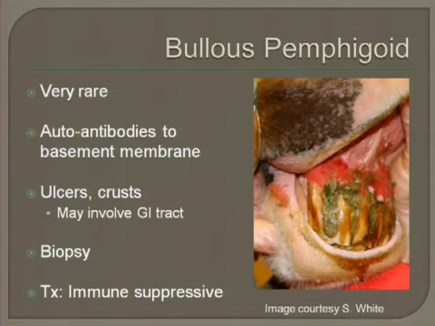You diagnose this by biopsy, and the treatment, in theory, would be immune suppressive doses of steroids. So again, prednisone at a 2 to 4 milligram per kilogram dosage. However, there have yet to actually be any successful treatment outcomes with this condition. So if you diagnose it, it's probably going to be fatal.